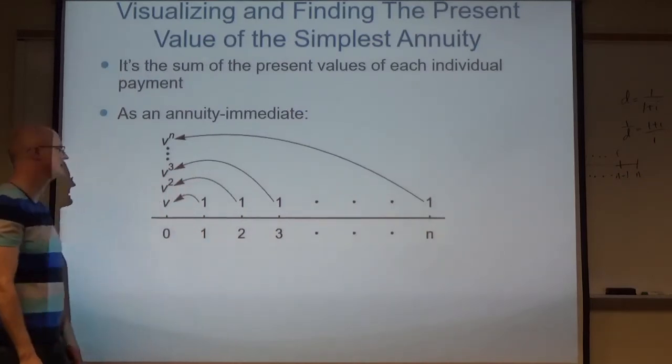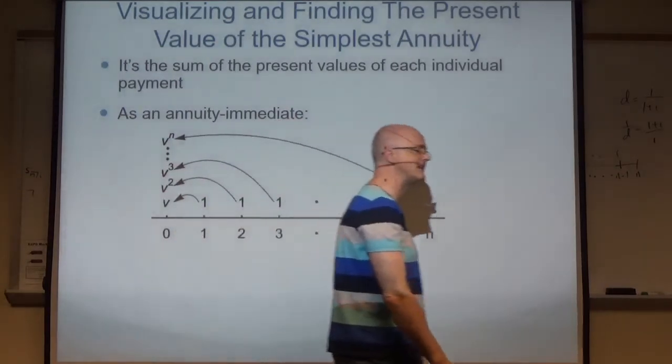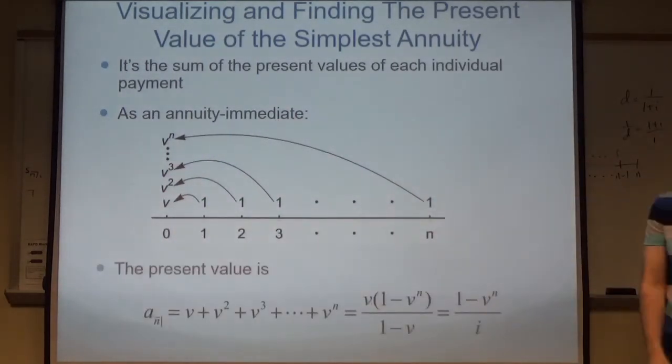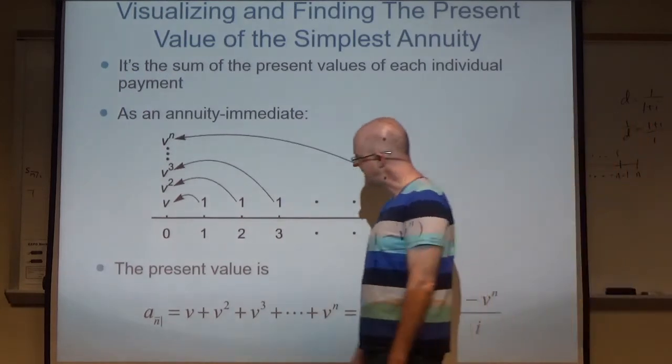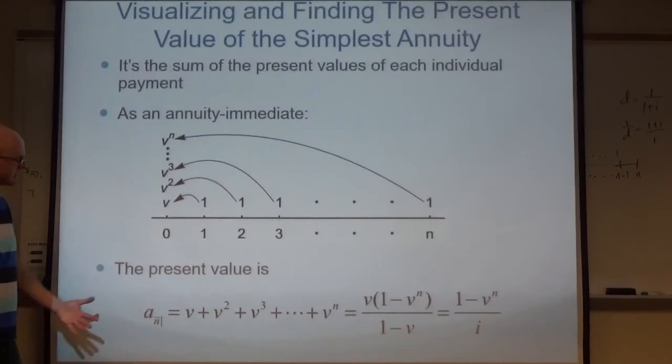Its present value is v squared, etc. The present value of the entire annuity is the sum of those, which is once again a geometric series. Instead of s, we use a. a sub n represents the present value of this level annuity immediate with payments of 1 that are equally spaced in time. We are evaluating the present value 1 period before the first payment.